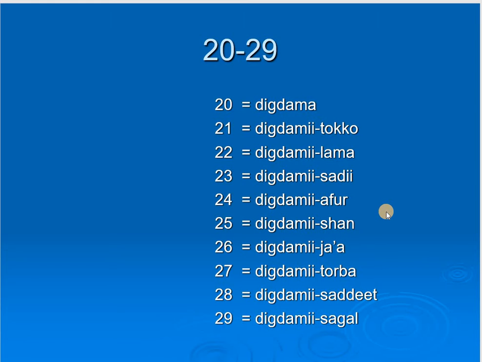The only thing that changes is that the last ma sound changes to mi: Digdami Tokko, Digdami Lama, Digdami Sadi, and so on until we reach 29, Digdami Sagal. I think in Oromo these are the two areas where it's really difficult to remember.